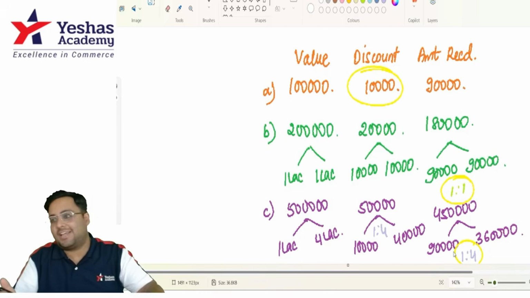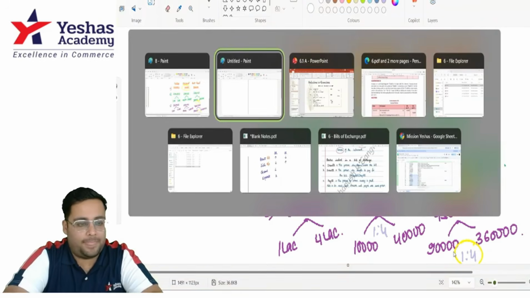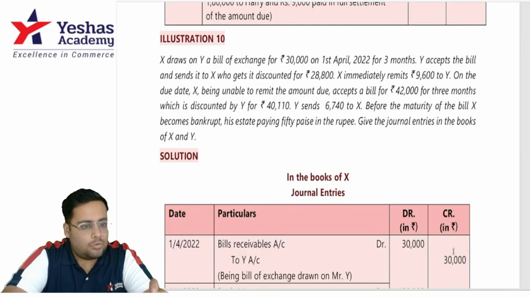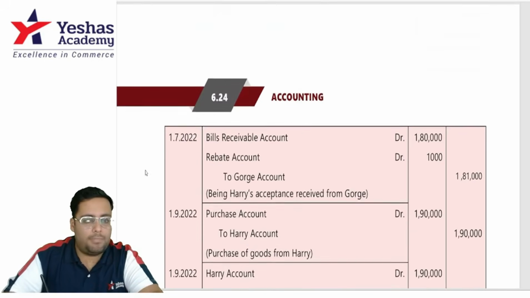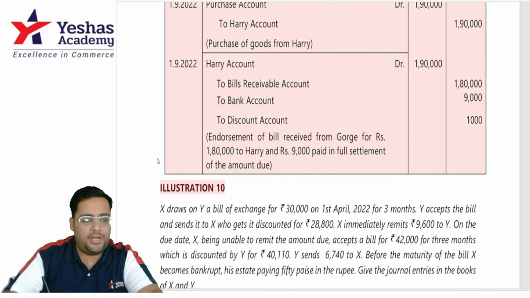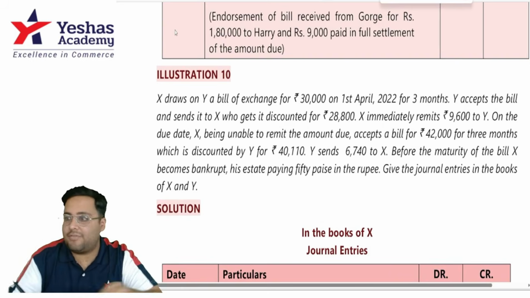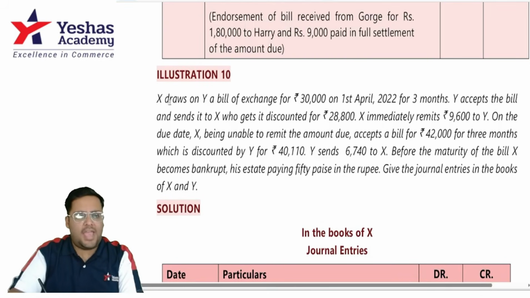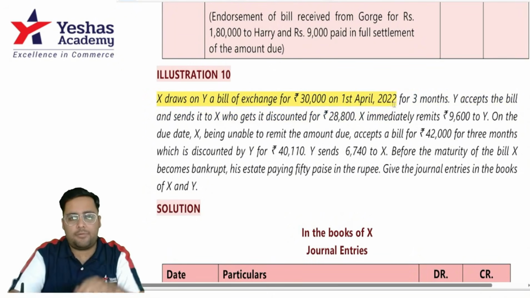Let's look at a question relating to accommodation bill from your ICI material itself. I come down to question number 10, illustration 10 of the ICI material. It's on page number 6.24. Let's read the question to see if it matches the story we have discussed. X draws on Y a bill of exchange for 30,000 on 1st January 2022 for 3 months.